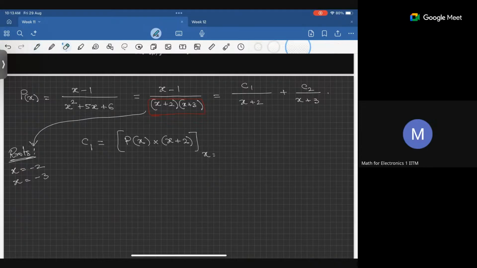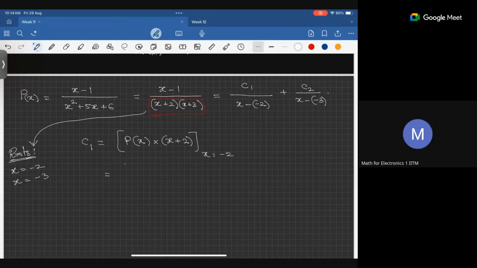So the actual way you should write is x minus minus 2, and x minus minus 3. Now you have to evaluate at x is equals to minus 2.